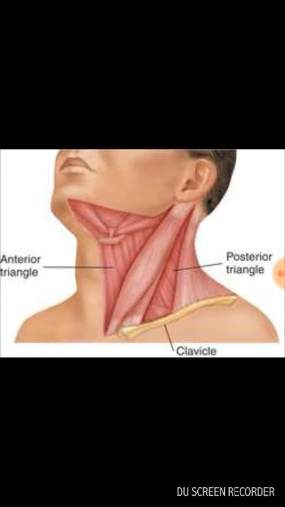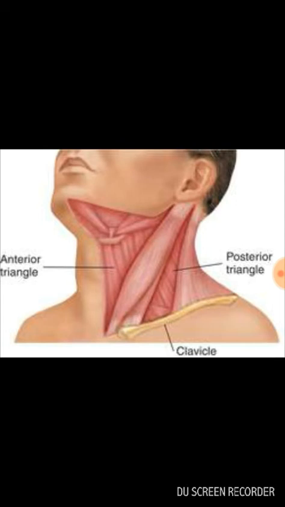The suprahyoid muscles, if using the acronym, are the mylohyoid, digastric, geniohyoid, as well as the stylohyoid. The W in the MDGSW acronym does not stand for any muscles. Now the infrahyoid muscles, represented by TOS, are the thyrohyoid, omohyoid, sternothyroid, sternohyoid.